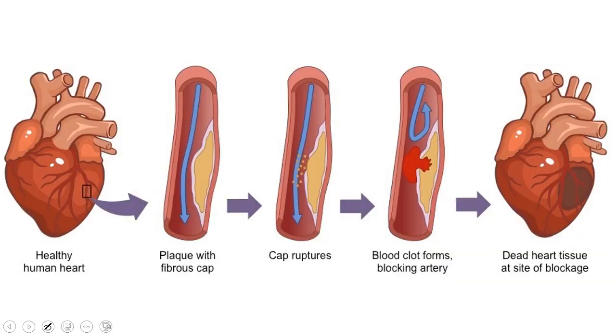Because of this thrombus, which forms in the coronary artery, it can form in any artery or vein, but relating it to the present problem where the thrombus is formed on the coronary artery, it blocks and it results in myocardial infarction.